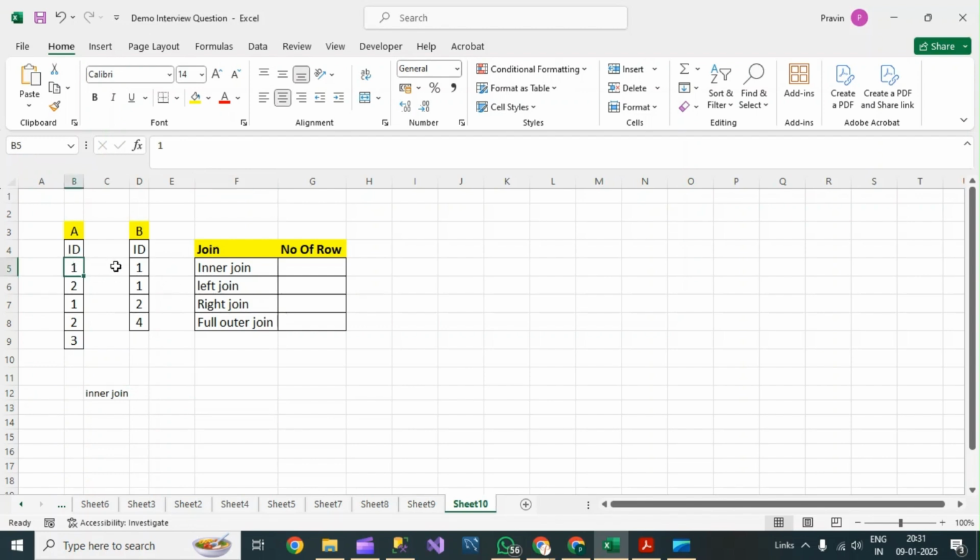This one matches with this one, so it will take one record. Then this one matches with this one, then again it will take one record. So this will be the number of records.